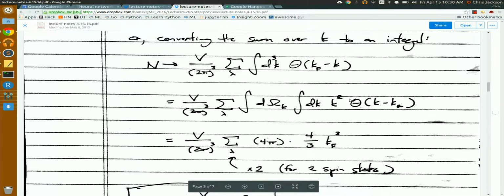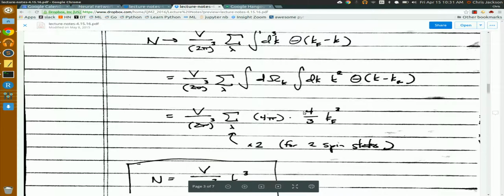Normally this integral would be from 0 to infinity, I should have written it in here, but because of the step function, it can only go up to k Fermi. So it's a finite integral, and I can do this integral of k squared, even though I get the wrong answer in the next line.